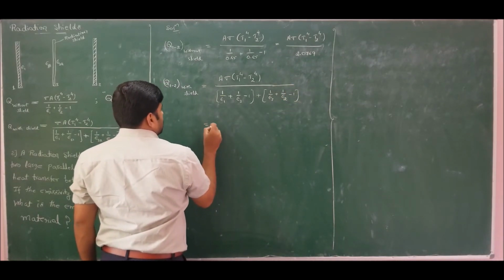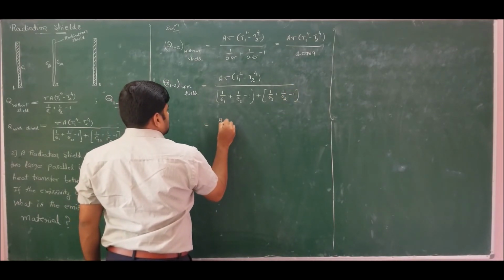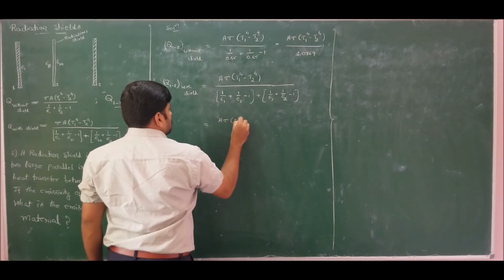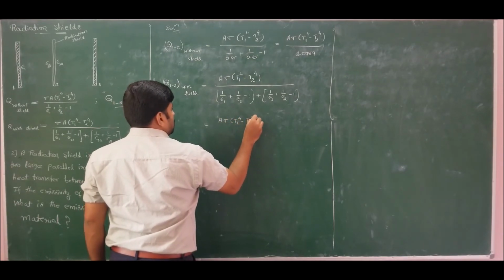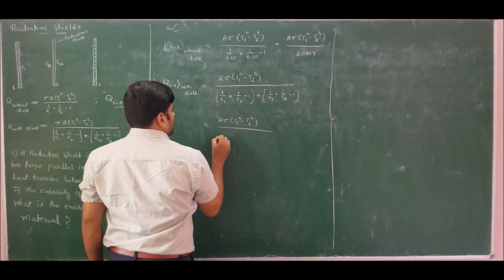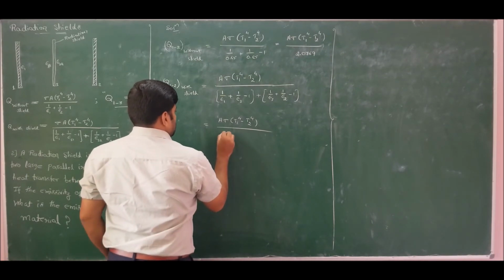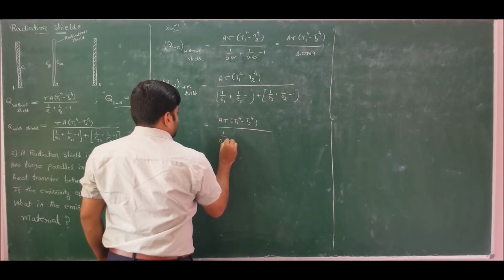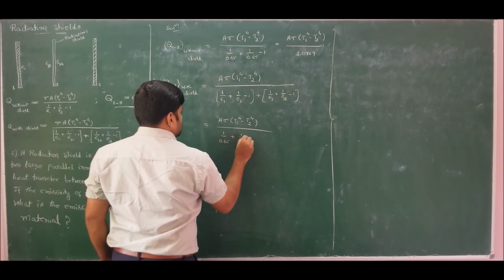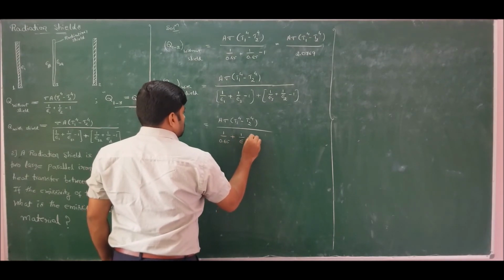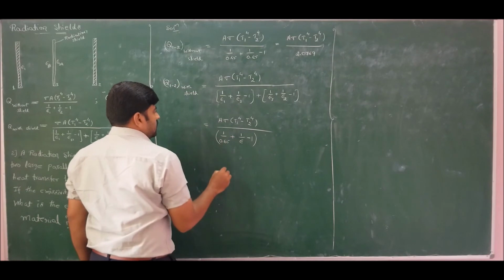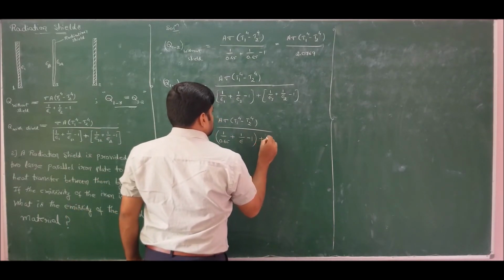So if I substitute and solve, I will get A sigma (T1^4 minus T2^4) divided by 1 by 0.65 plus 1 by epsilon minus 1. Thus, take the shield epsilon as epsilon itself.